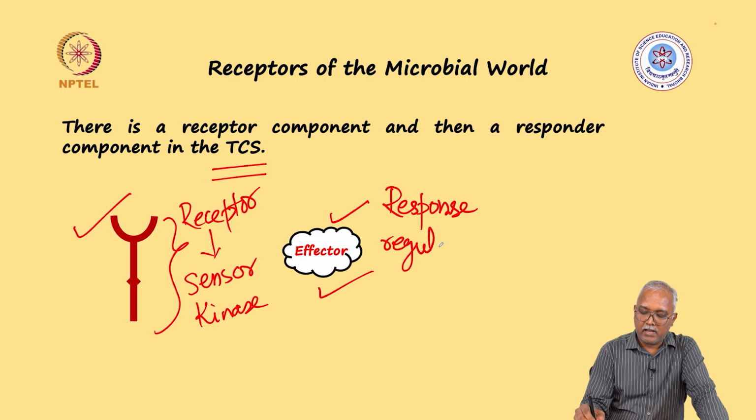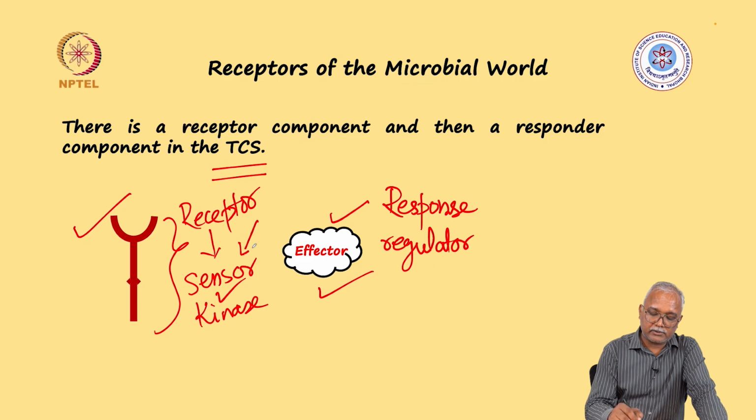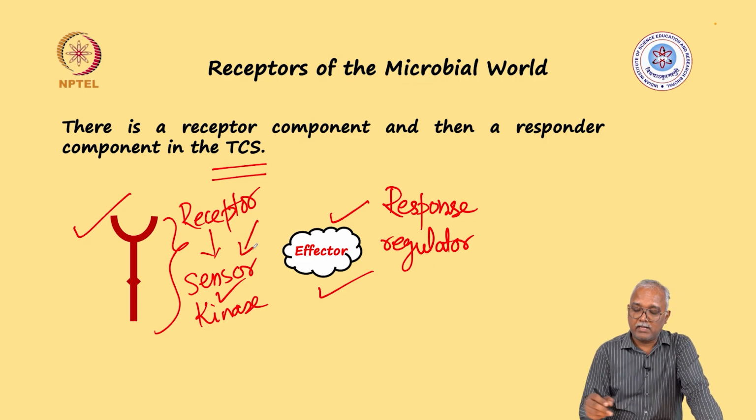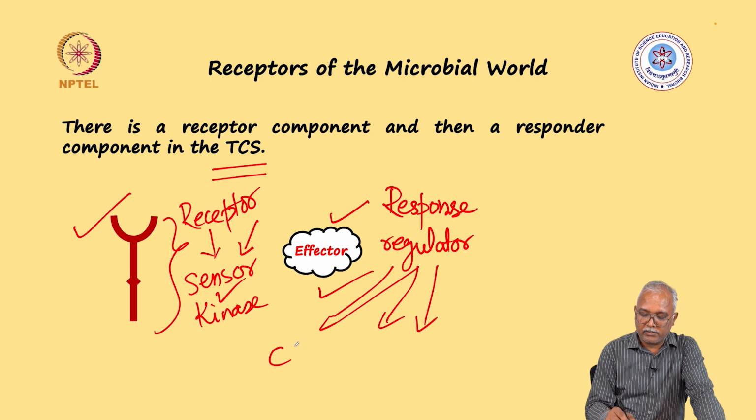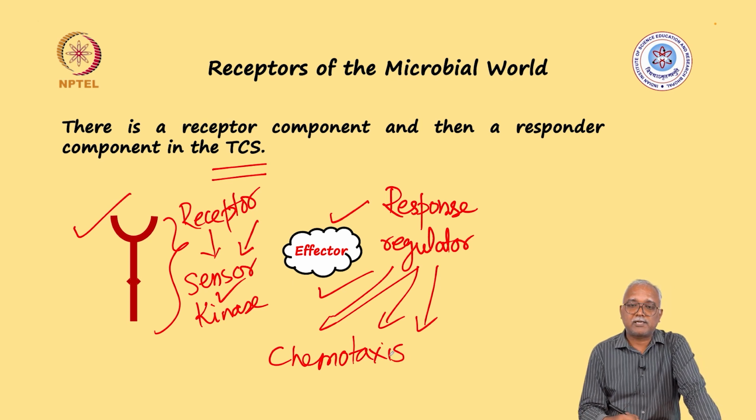In response to sensor kinase activity, whatever signal is put onto the sensor kinase, the response regulator will divert the signaling in a given direction. One of the things it can do is chemotaxis. Or think about a microbe which is sensitive to nitrogen levels.